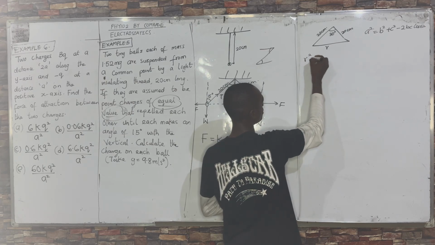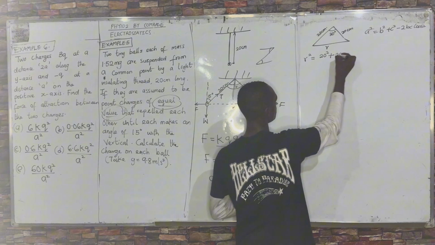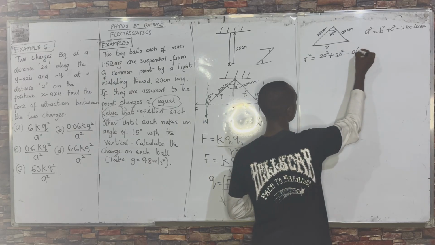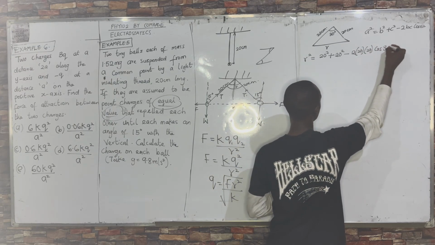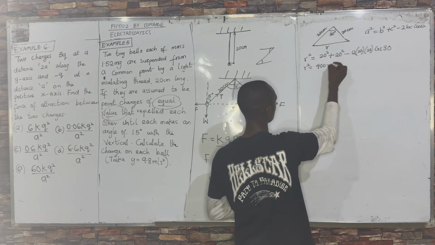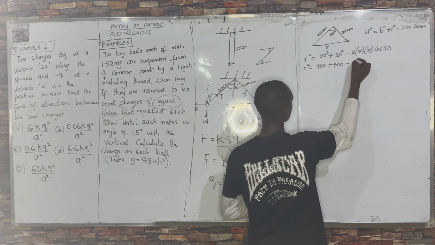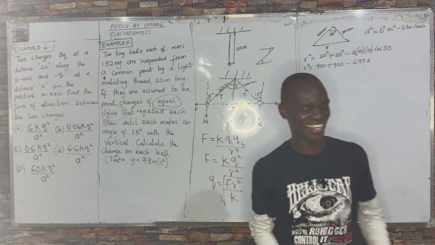R square is equals to 20 square plus 20 square minus 2 times 20 times 20 cos 30. So R square, I think this will give you 400 plus 400 minus 697.2. That's a lie. Let's check.